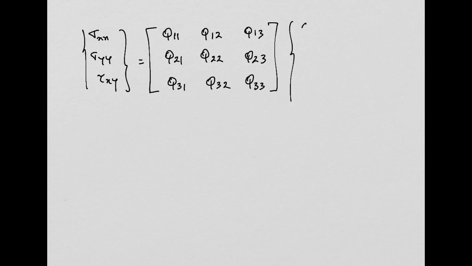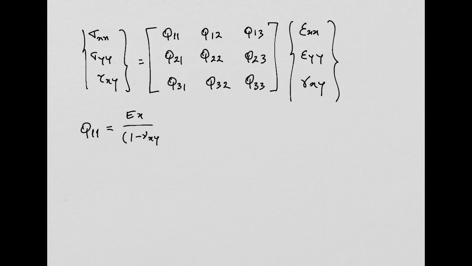And then here on the right-hand side, of course, we have the strains. So these terms here, Q11 is X. So if you just invert the compliance matrix, you obtain this. So I'm just putting here the final equations here.